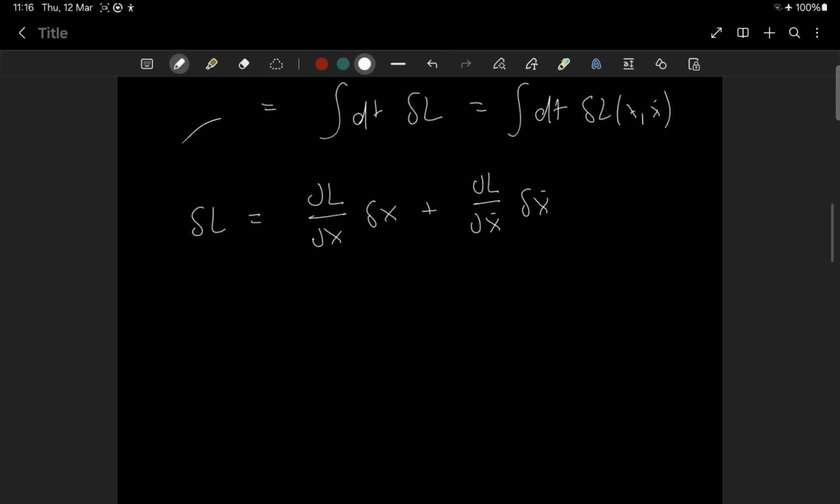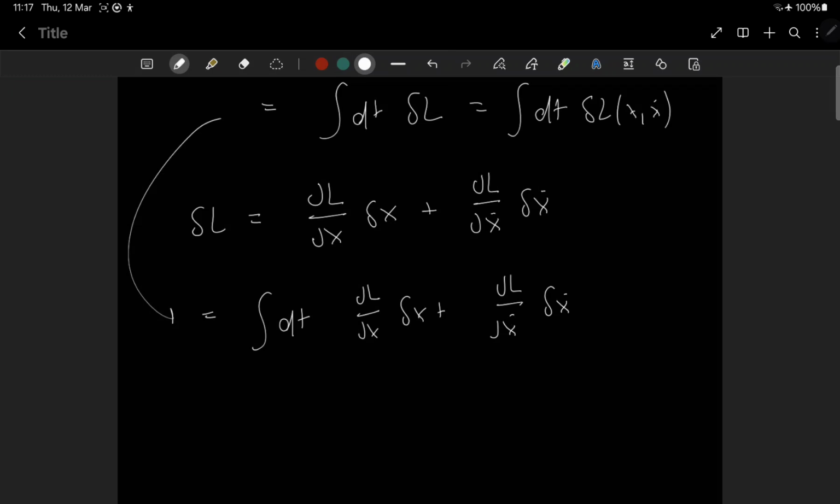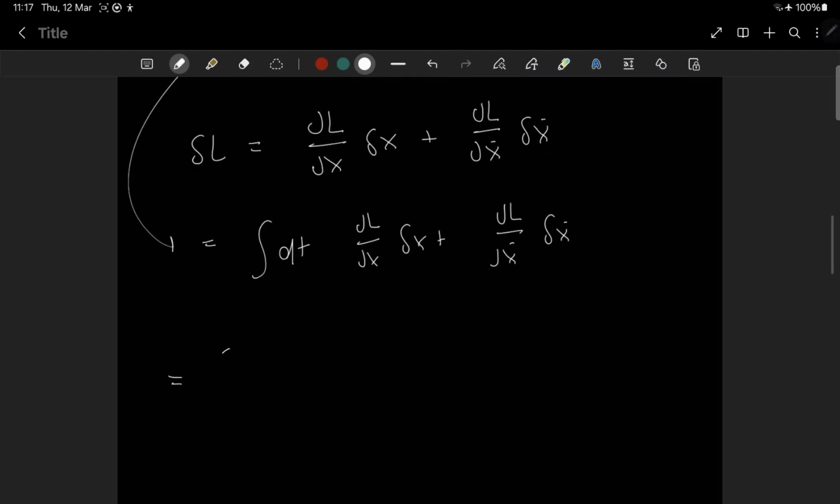So we get that this is equal to the integral dt of partial L by partial x delta x plus partial L by partial x dot delta x dot. Now what we can do is write this a bit nicer.